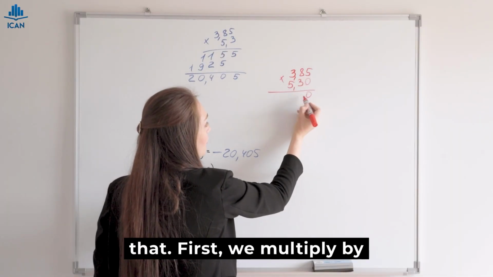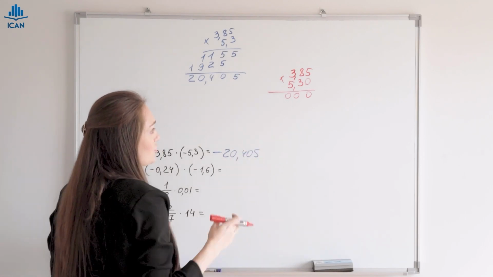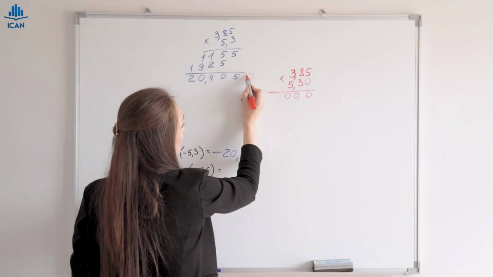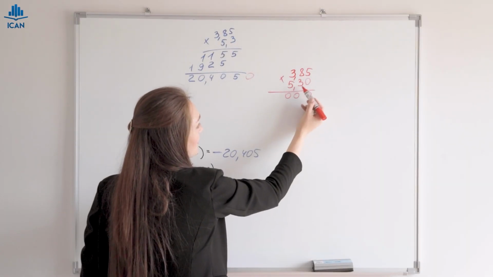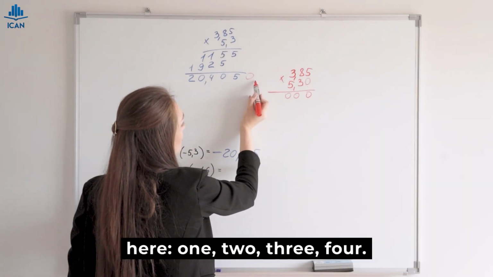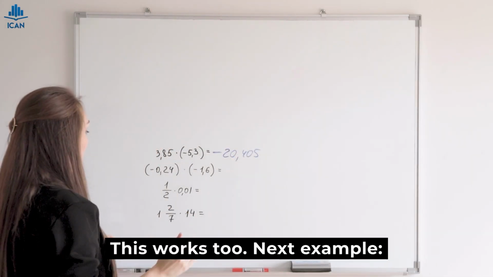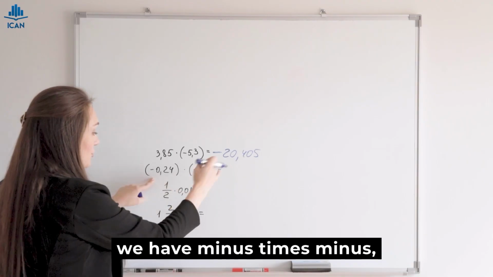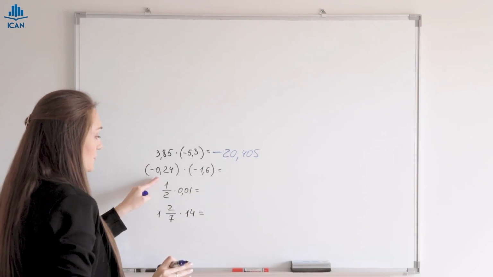First, we multiply by 0, 0, 0, right? Everything shifts a bit. There'd be a 0 in the answer. We'd count the signs 1, 2, 3, 4 and count from here 1, 2, 3, 4. This works too. Next example, we have minus times minus giving plus, so we'll multiply as if they're positive numbers.